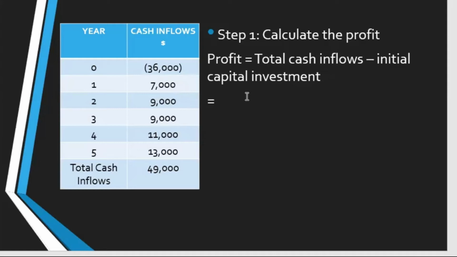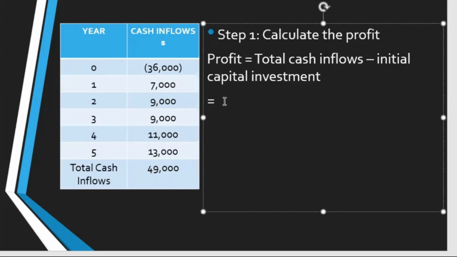So the total cash inflow is the $49,000. So you'd put down the $49,000 minus, subtract, the initial capital investment right here. What was the initial capital investment? It's the $36,000. Good.